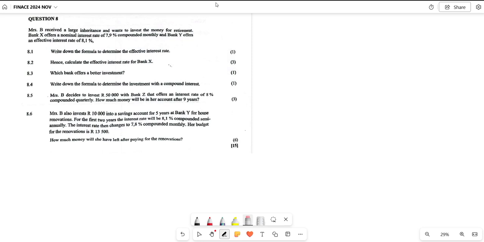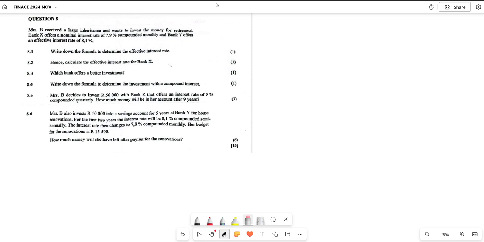The paper that we have in front of us is from Free State, November 2024, grade 11. We are going to do this paper together so that we unpack all important aspects of this question paper. Question number 8 reads as follows. Mrs. B received a large inheritance and wants to invest the money for retirement.